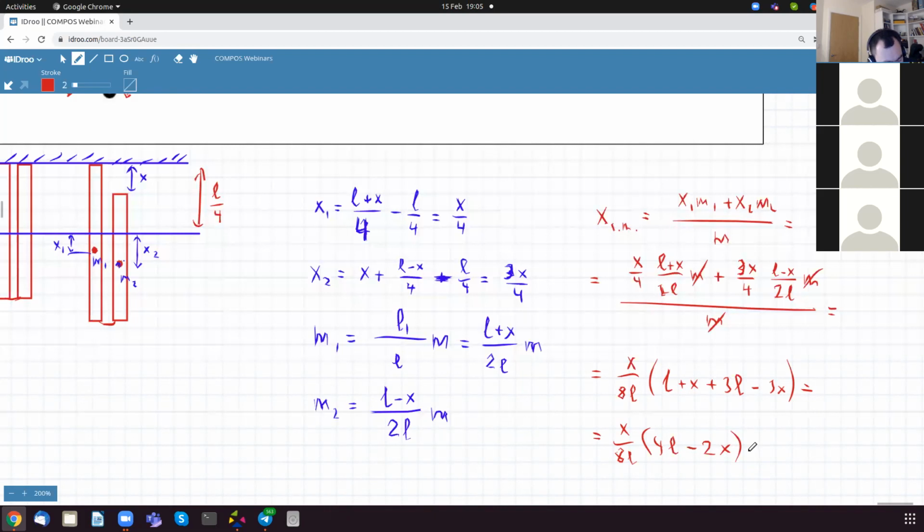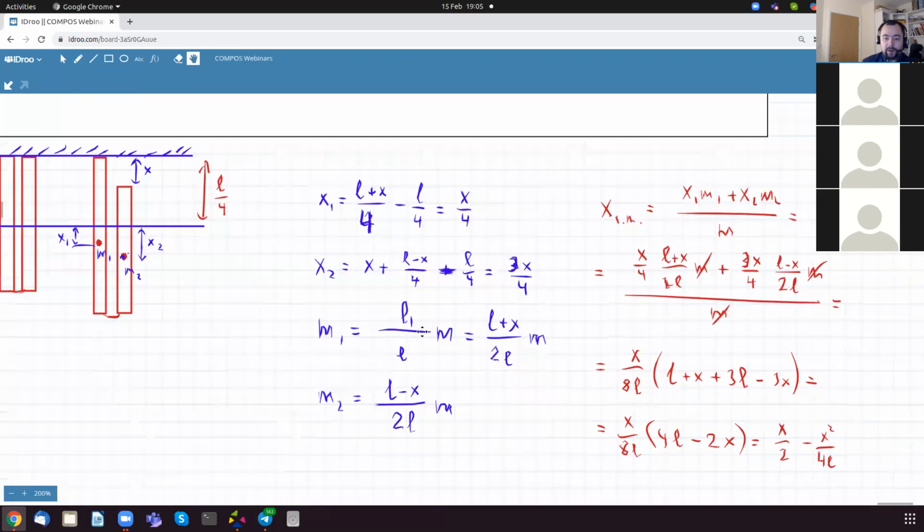I'm just wondering whether I want to expand this or not. I do. By all means, I'm going to expand this. So this is going to be X over 2 minus X squared over 4L. Wow.